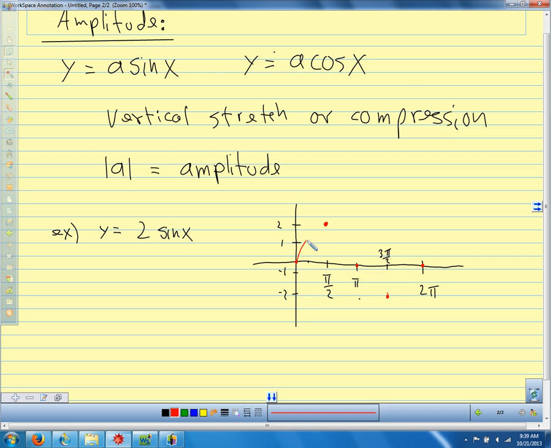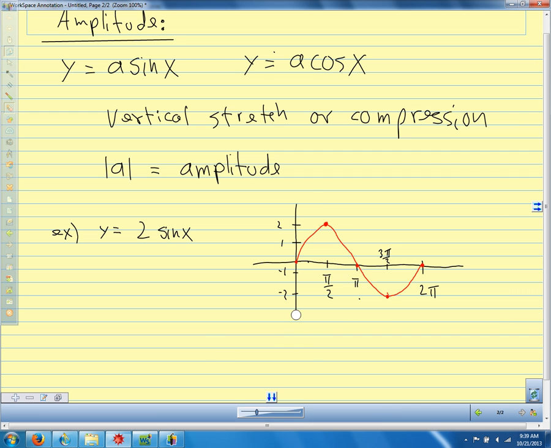And then my graph would look like so. And there's one period of my graph. And if I needed to sketch more than one period, I could just continue by pi over 2 units and graph another period. It's going to repeat the same pattern in the next period.